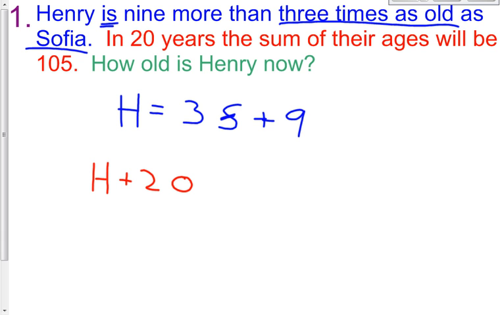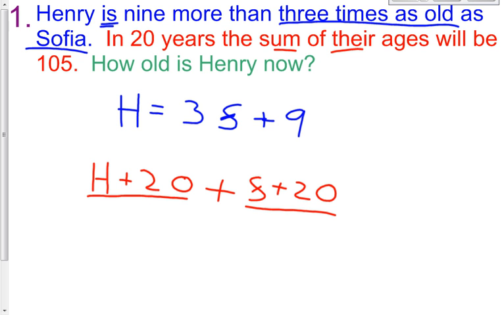In 20 years, the sum of their ages, so both of them, so Sophia will also be 20 years older, correct? The sum of their ages, so sum means adding, so Henry's age and Sophia's age, the sum of them, so adding them together, will be, which means equals, will be 105.